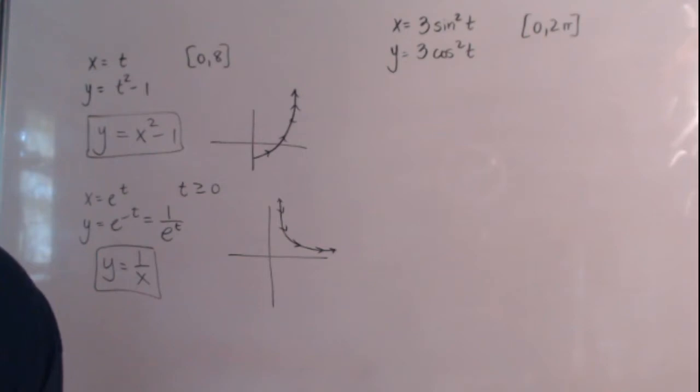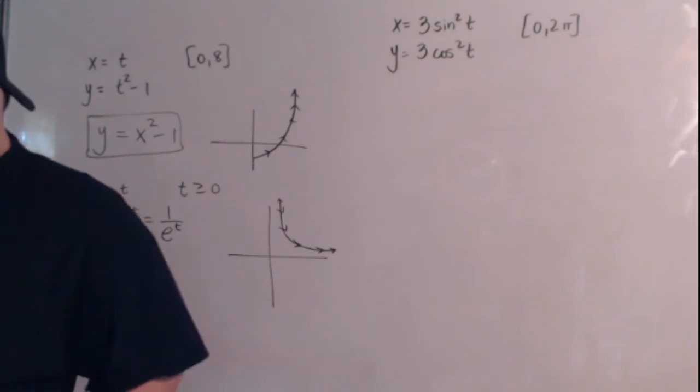We've got the sine squared plus cosine squared. Right, it's the Pythagorean identity that comes from the unit circle.